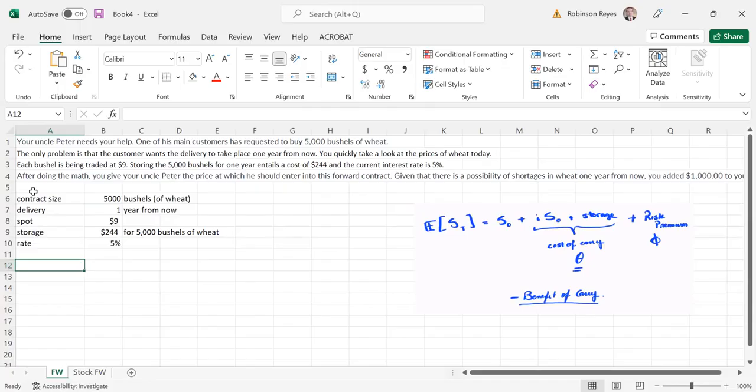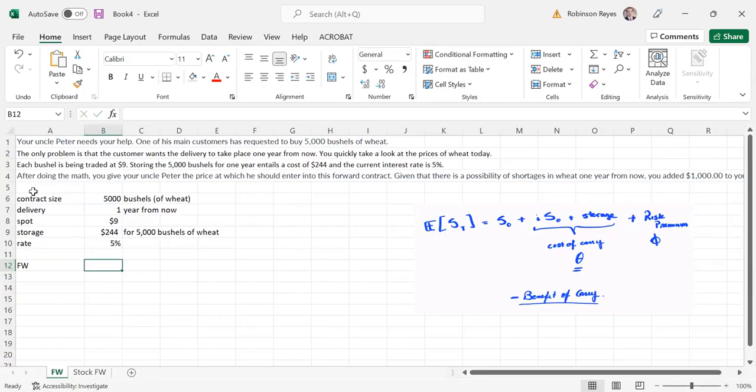for this forward contract, or the forward price, considering the forward price for each bushel of wheat. Let's do it quickly. So then the forward price for this commodity in particular, right?